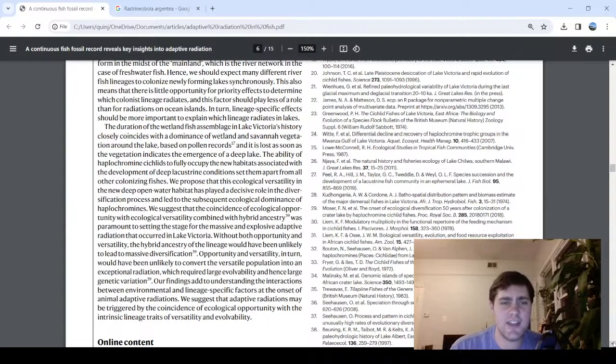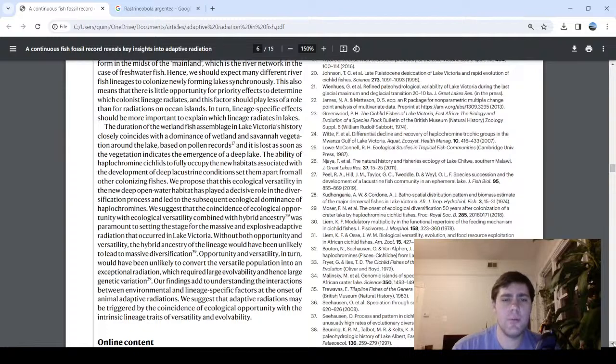We suggest that the coincidence of ecological opportunity with ecological versatility combined with a hybrid ancestry was paramount to setting the stage for the massive and explosive adaptive radiation that occurred in Lake Victoria.